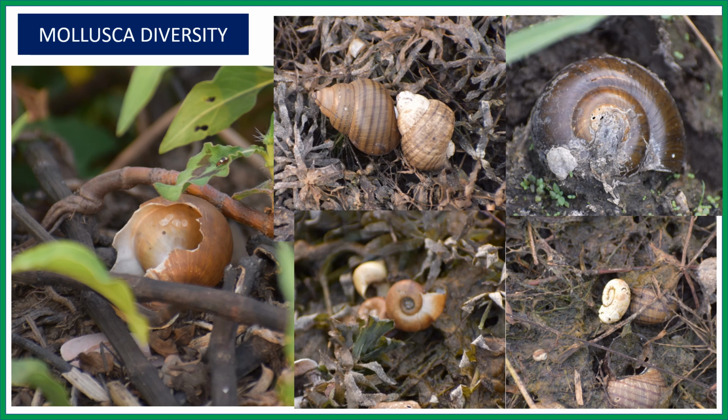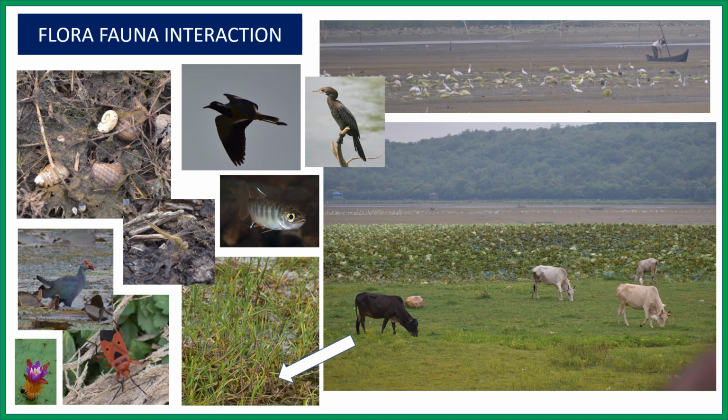There is a diversity in the mollusca. Mollusca is very important in wetlands, because they are the food for the birds, water birds. So they play an important role in the food web. So there is a flora-fauna interaction happening in the wetland.